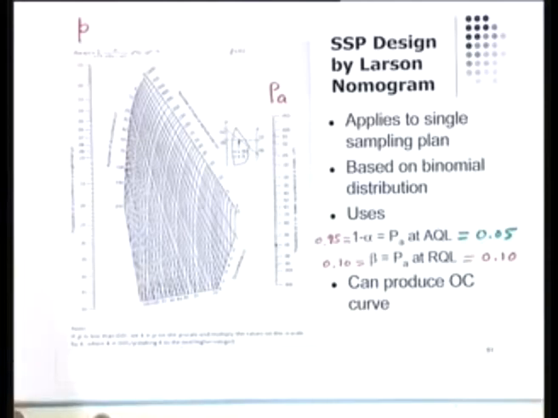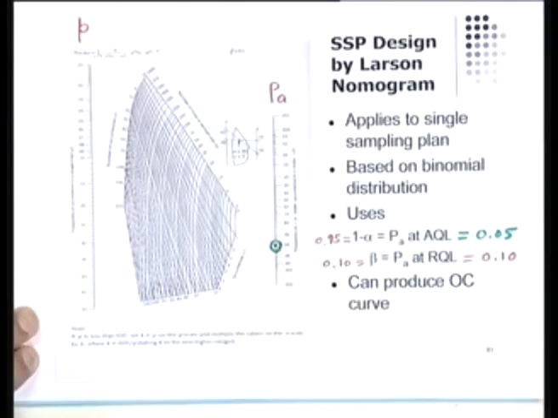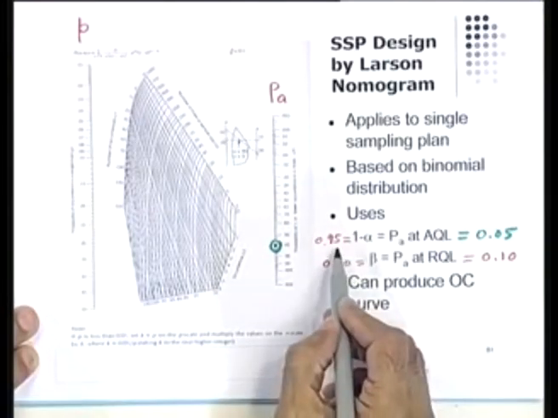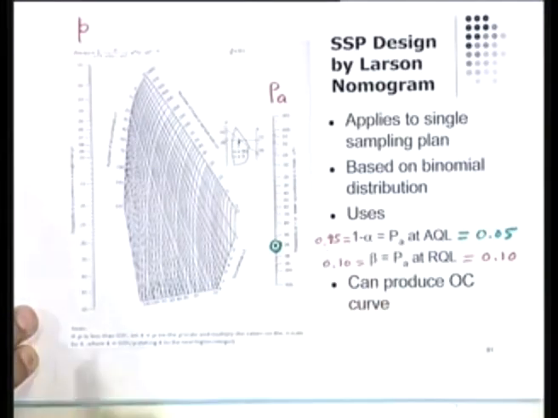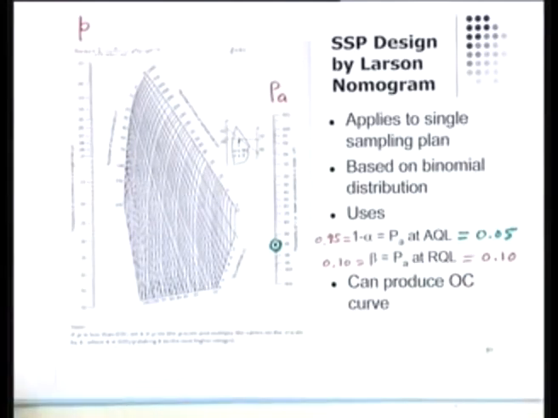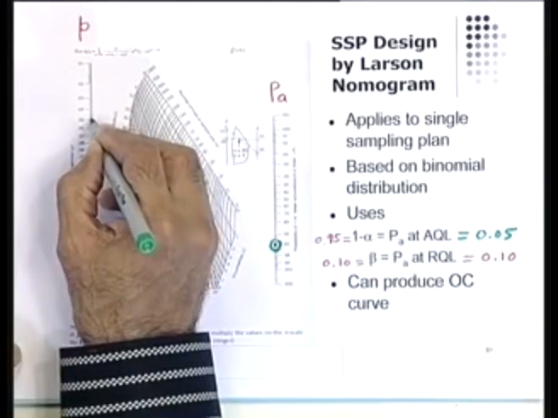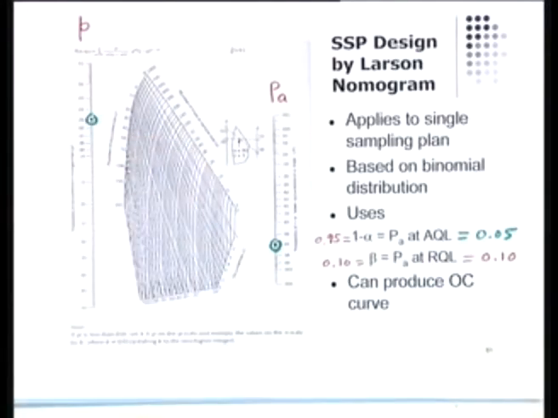Let's make it green there. That's 1 point there. That's the value of PA. And what is the value of AQL that corresponds to this? 5%. Again, I could put a point there.